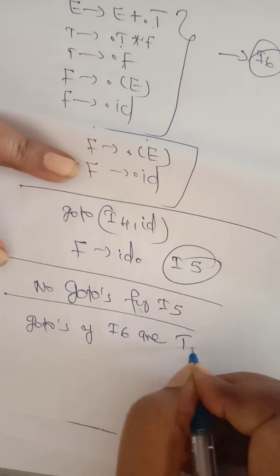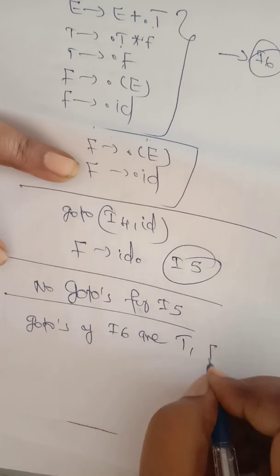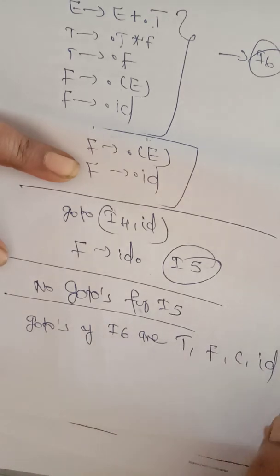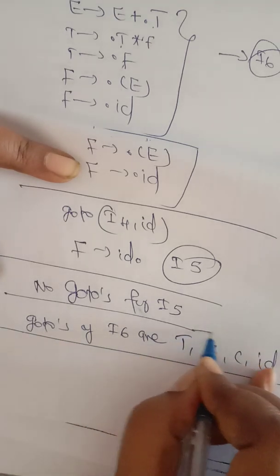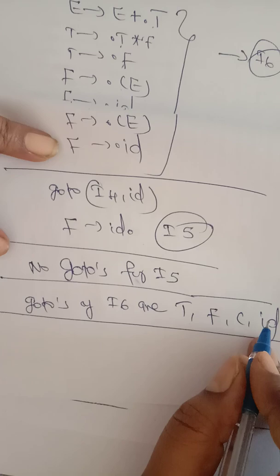Just write T, F, open bracket, ID. Then apply the goto values one by one.